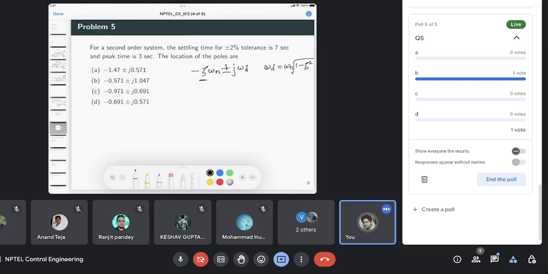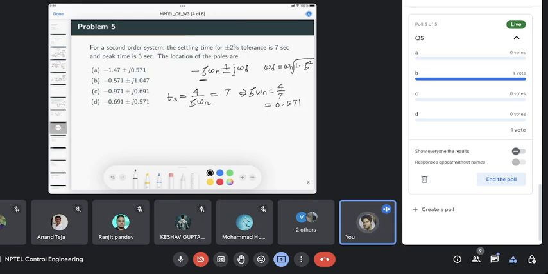You are given the settling time Ts for 2% tolerance. This formula is what? This one, right? And that is given as 7 seconds. So you have zeta omega n equal to 4 by 7, and that value is 0.571.